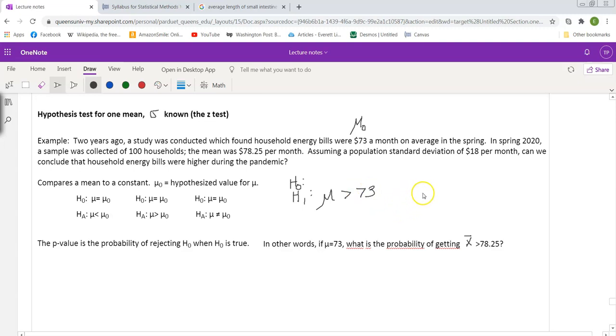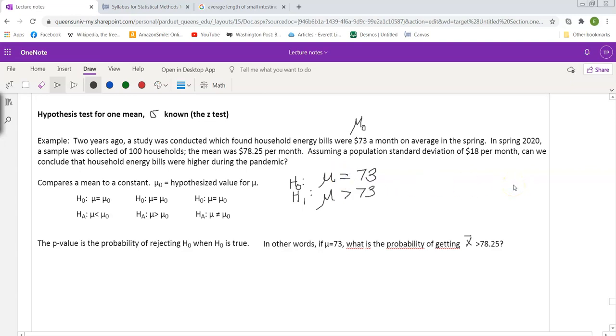All right. So that's our alternative hypothesis. And what we're going to assume, unless we can show otherwise, is technically that mu is less than or equal to 73. But we're never really proving H naught anyway, or we're never concluding H naught.